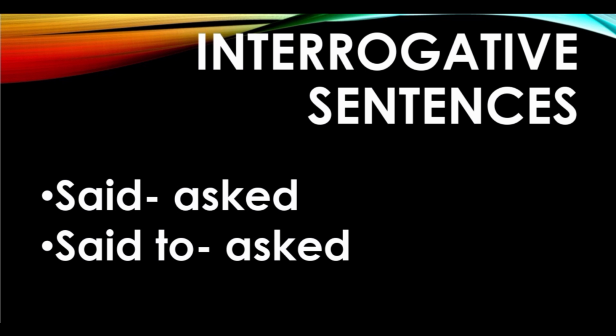He said, "How old are you?" means the connecting word is how. I hope you understood. So let's see the changes in reporting verbs while converting direct into indirect speech. Said in interrogative sentences will become asked. Said to in interrogative sentences will also become asked.